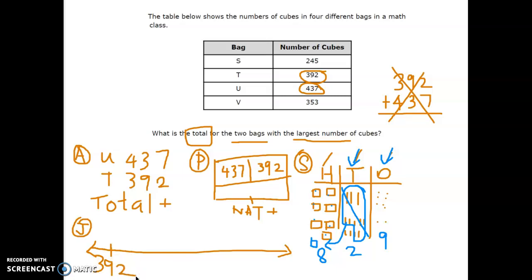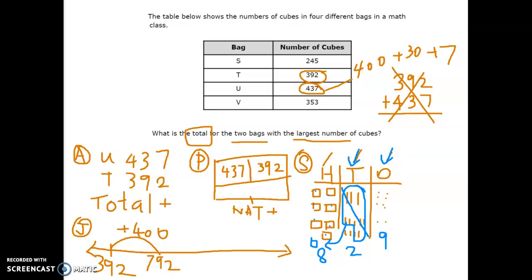We need to add 437, which means 400 plus 30 plus 7. We break apart 437 to make it easier for us to add the numbers. So first, I'm going to add 400. Only the 100 place is being added. Ones and tens places stay the same. So the answer is 792.